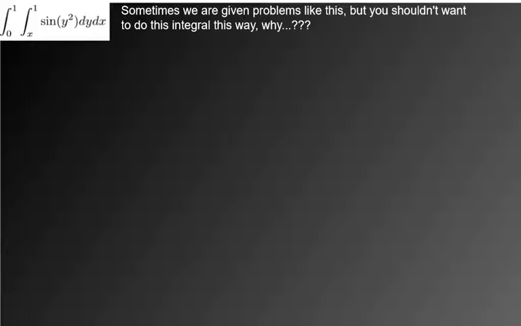So sometimes we want to change the order of integration, but we were given bounds here that are basically y equals x, y equals 1, and x runs from 0 to 1. And so we have to think about the picture and figure out how to change the order of integration.